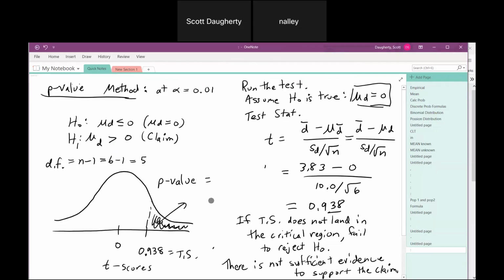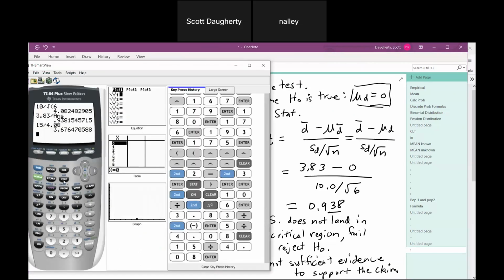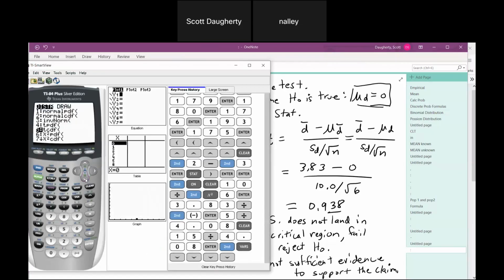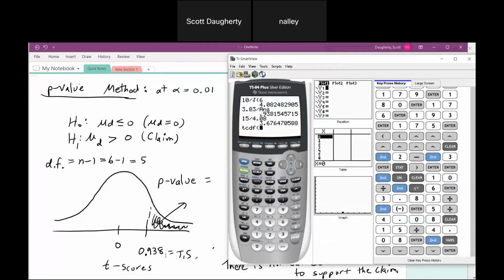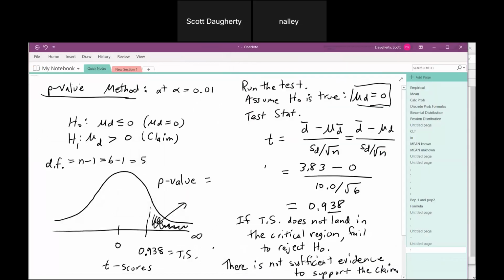And since this is a t-distribution, you can do that using tcdf. So go to your distribution list, scroll down to tcdf, and you're just going to find the area between the two t-scores here, 0.938 and infinity, right? This goes to infinity.